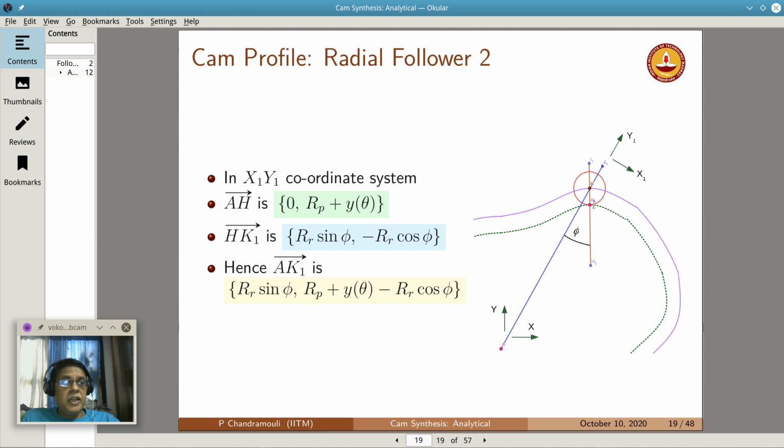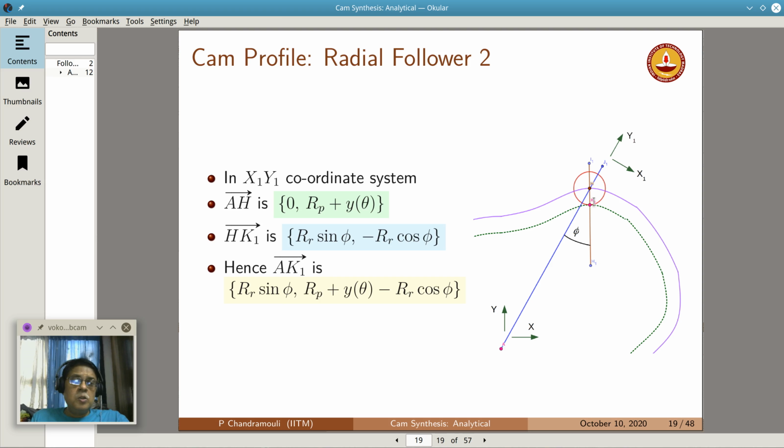Now if I look at HK, the distance is basically the radius of the roller, and it is making an angle of phi from the Y1 axis. So I leave this to you to sit down and visualize this, that the x1, y1 coordinates in the rotated axis are small r, which is the roller radius, RR sine phi, minus RR cosine phi.